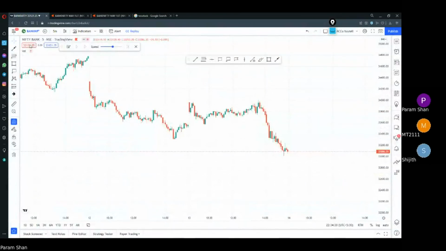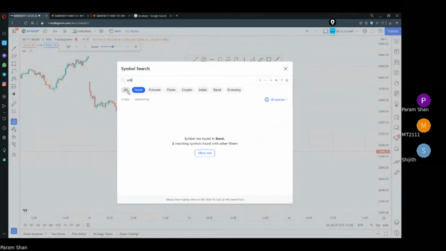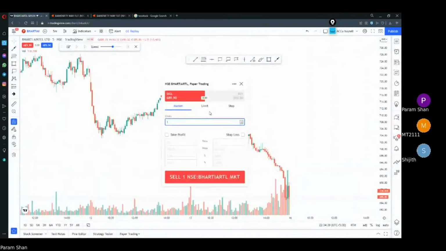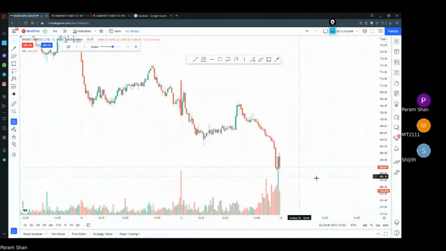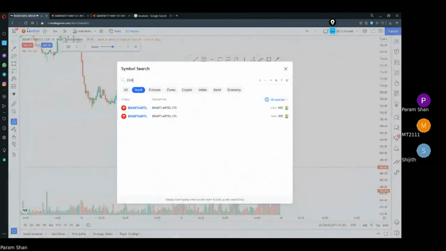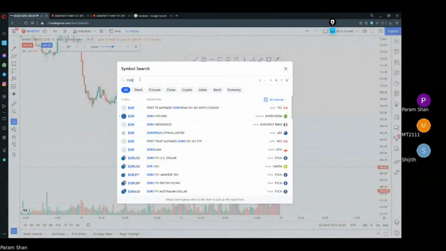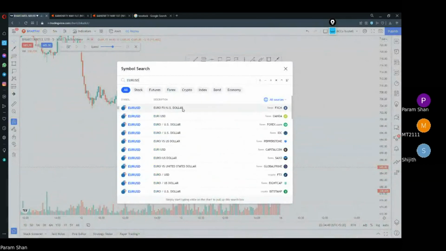See, this is not tradable. Okay, I will take something else. Let's look for some currency.